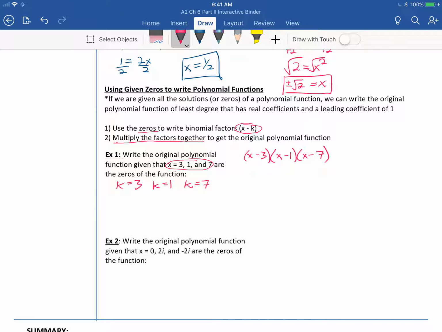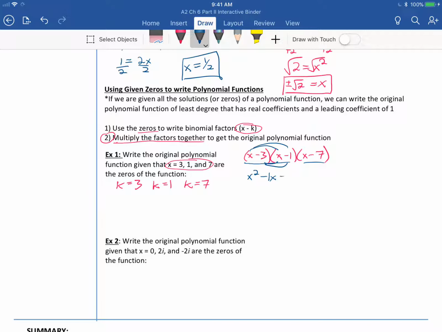Number 2 tells us I just have to multiply these together. Remember we talked about if we have 3 of these multiplied, we take these 2 first and then tack on the last one at the end. So let's FOIL. My x times my x gives me x squared. My x times my negative 1 gives me negative 1x.